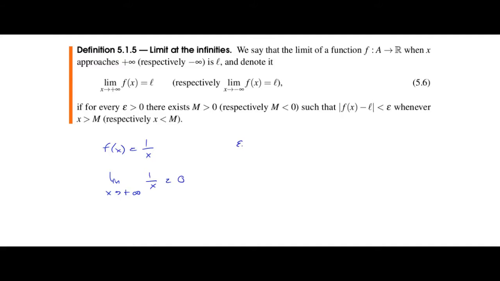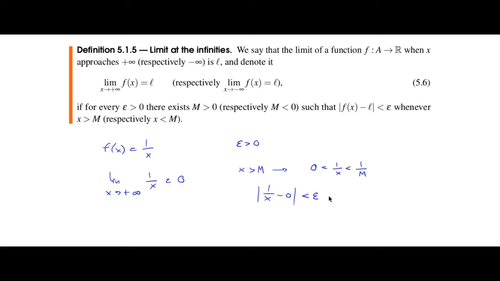So suppose we take any epsilon, and the idea is, can we find an m such that for x greater than m we will have that the absolute value of 1 over x minus 0 is smaller than epsilon, okay?